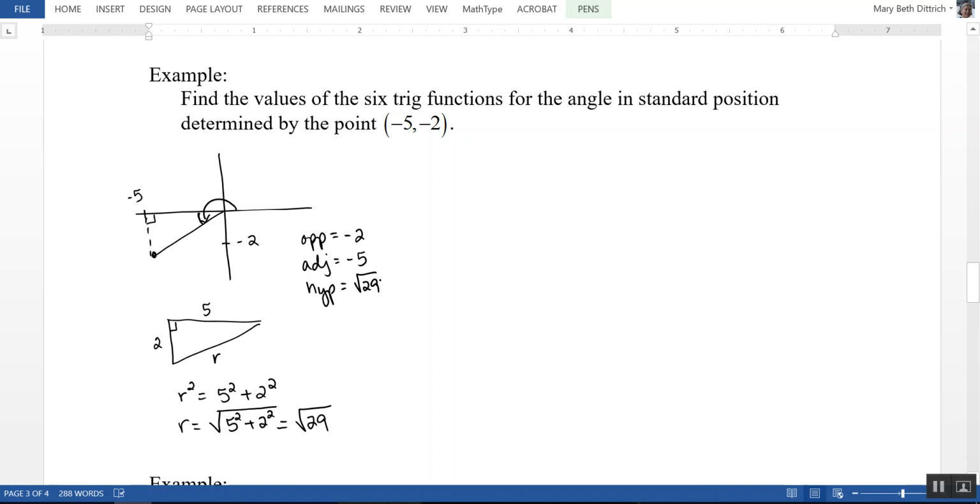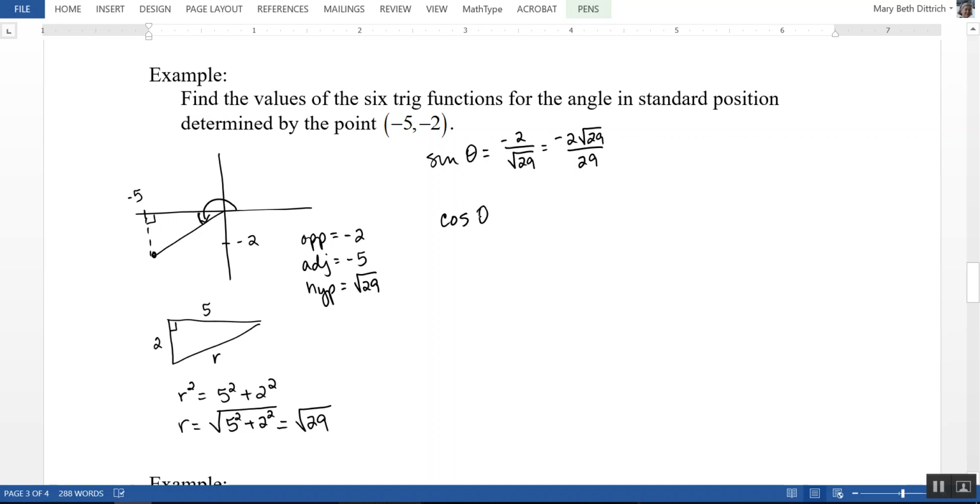So now I just need to plug those into my trig functions. So the sine of theta is opposite over hypotenuse, or -2 over the square root of 29. Rationalizing my denominator by multiplying by square root of 29 over square root of 29 gives me -2 square root of 29 over 29.